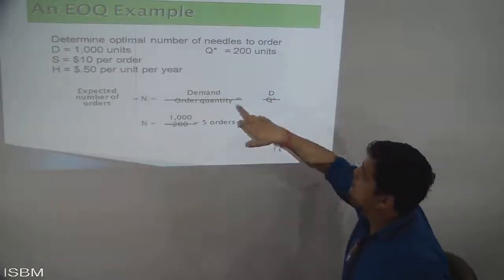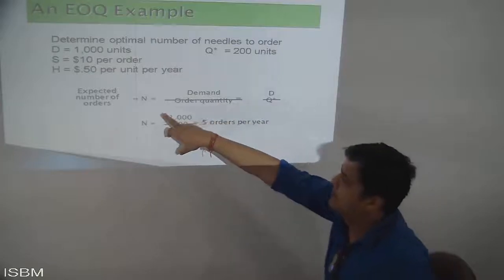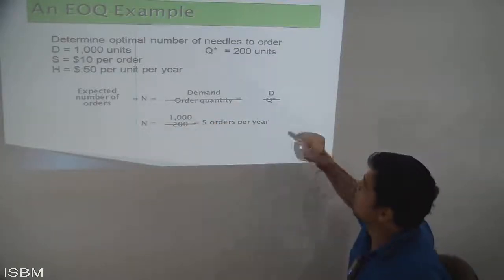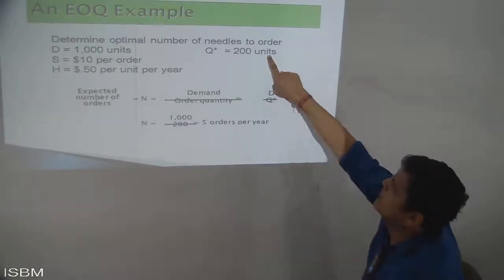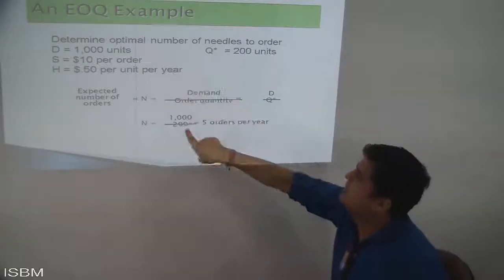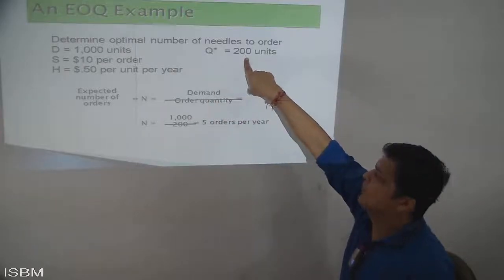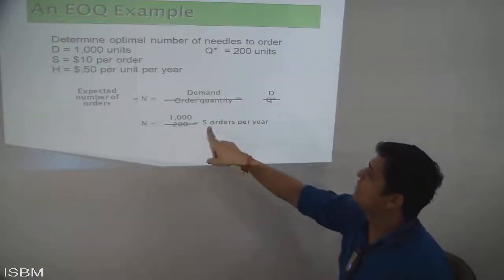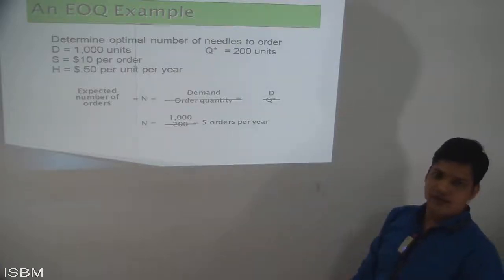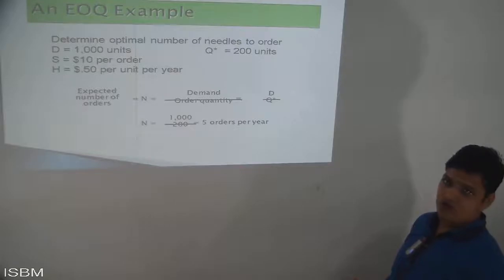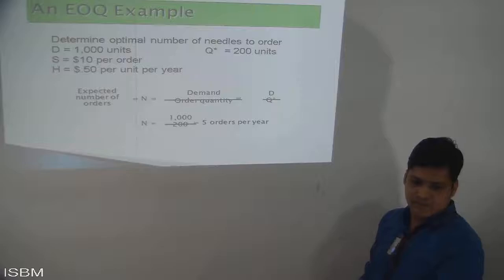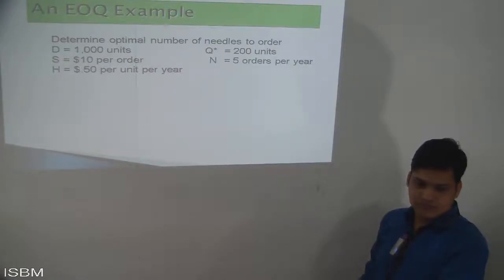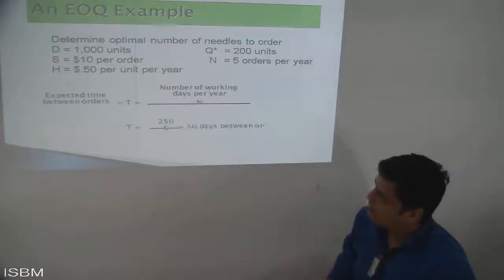So the number of expected orders is equal to D by Q star, which is EOQ. Demand is 1000 and order quantity Q is 200. So we are going to cut by 5, it is 5 orders per year. How many orders are we going to place per year? Demand by EOQ, demand upon Q.